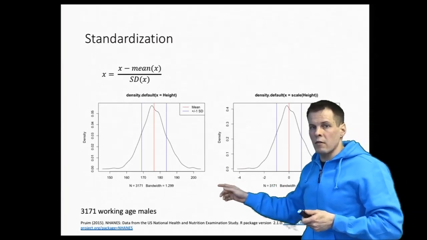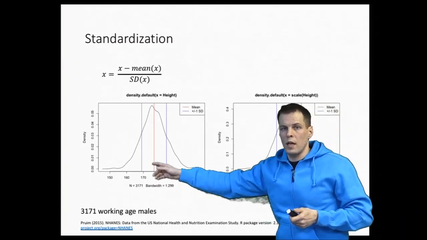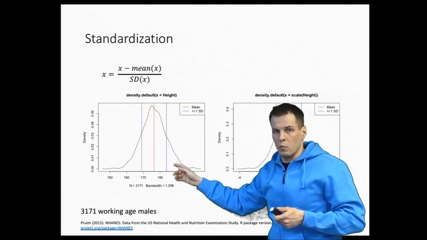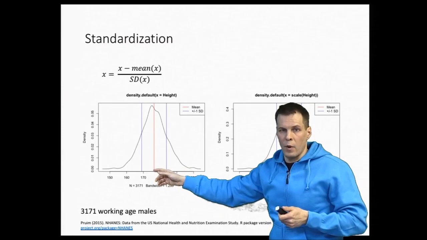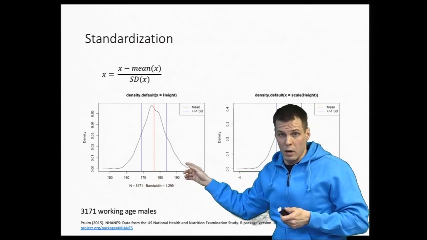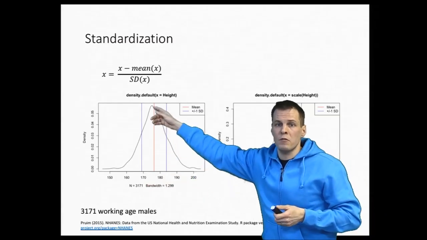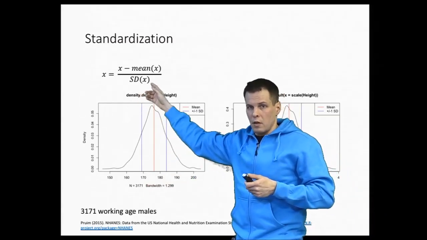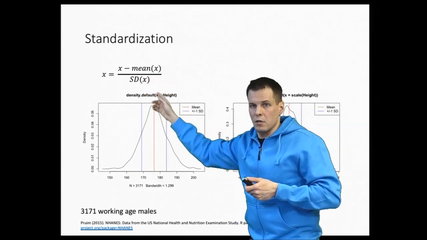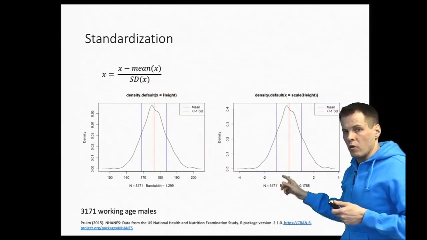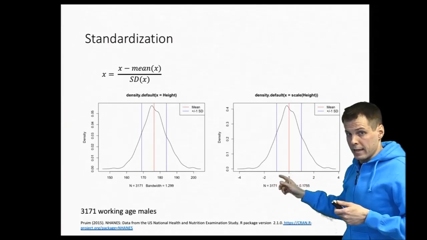The idea of standardization is that you take the observations, they are distributed like that, and the mean is at about 175, and the standard deviation about 7 centimeters. You subtract the mean from every observation and you divide by the standard deviation, and that gives you a new variable that has a mean of 0 and a standard deviation of exactly 1.